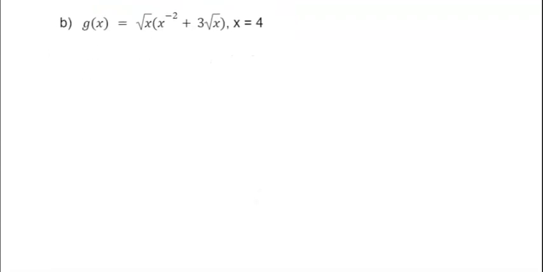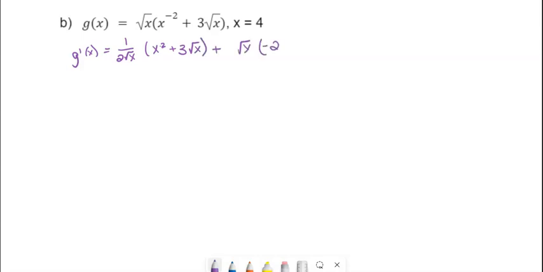Okay, let's try another one. When x equals 4. Same idea, just a bit more complicated. Okay, derivative of the first. Keep the second. Plus, keep the first. Derivative of the second.